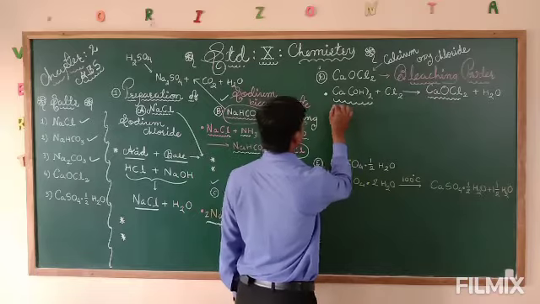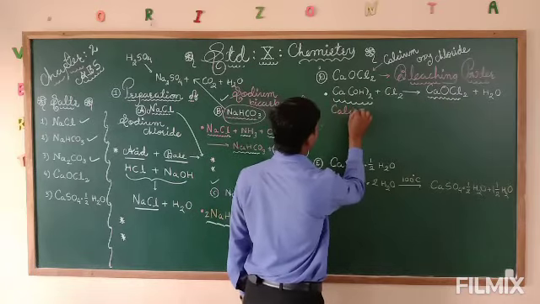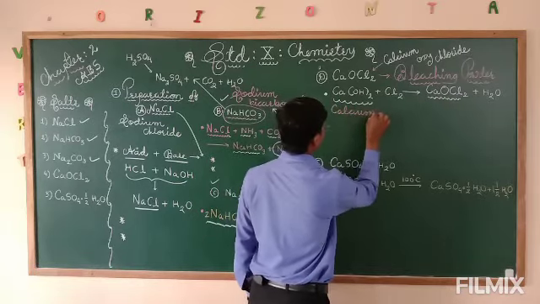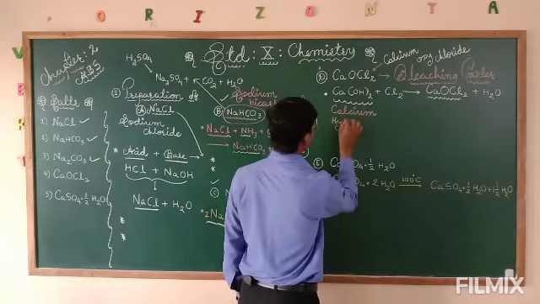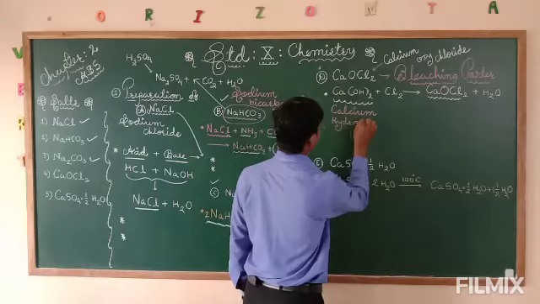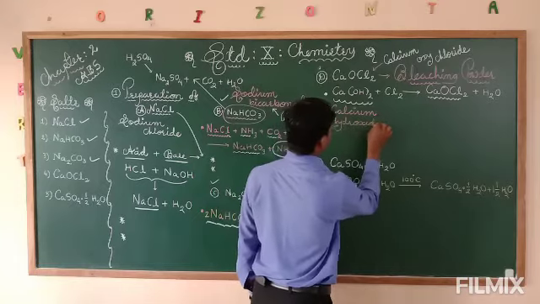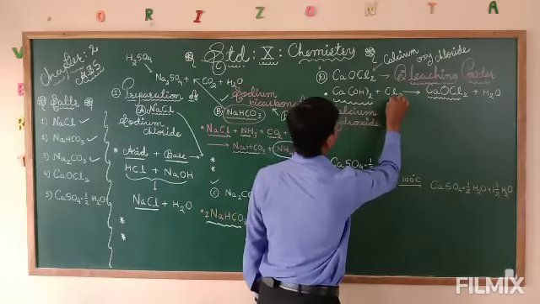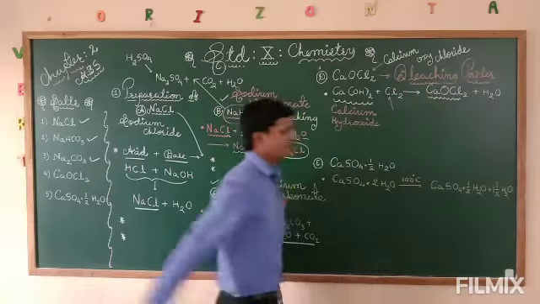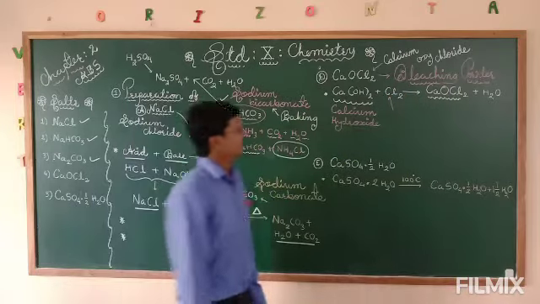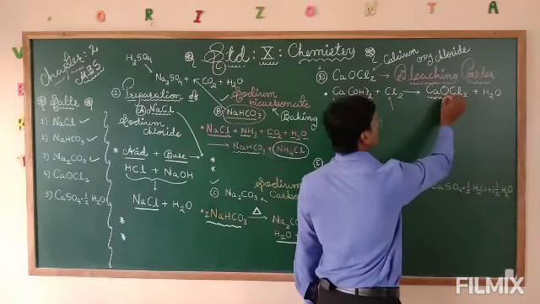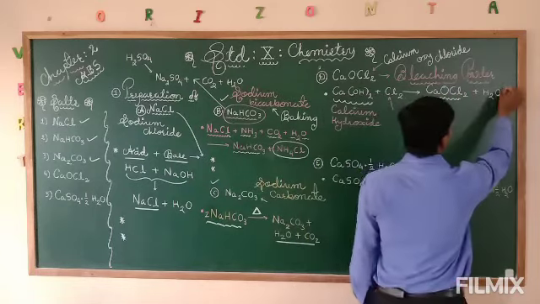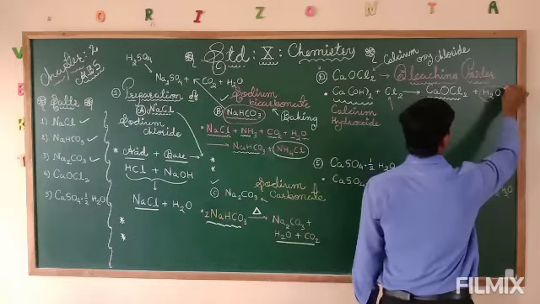Ca(OH)2, that is calcium hydroxide, reacts with chlorine. It will give us CaOCl2, that is calcium oxychloride, and it liberates some amount of water.